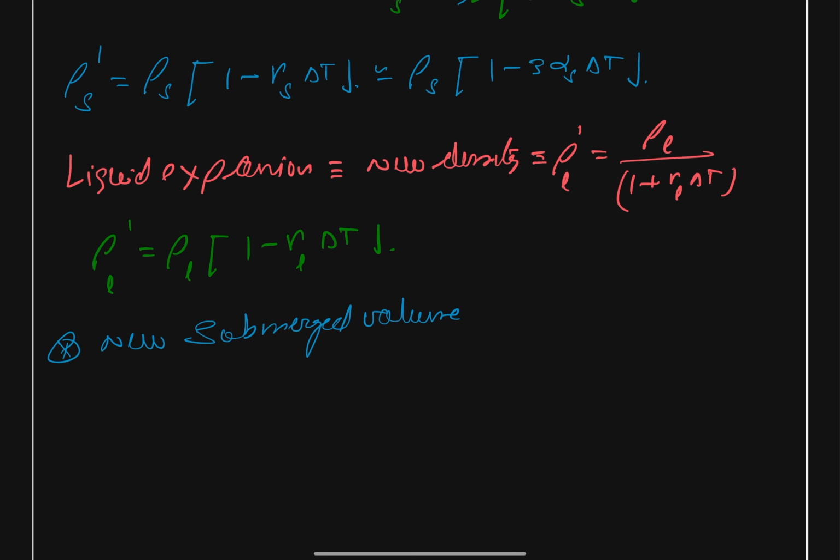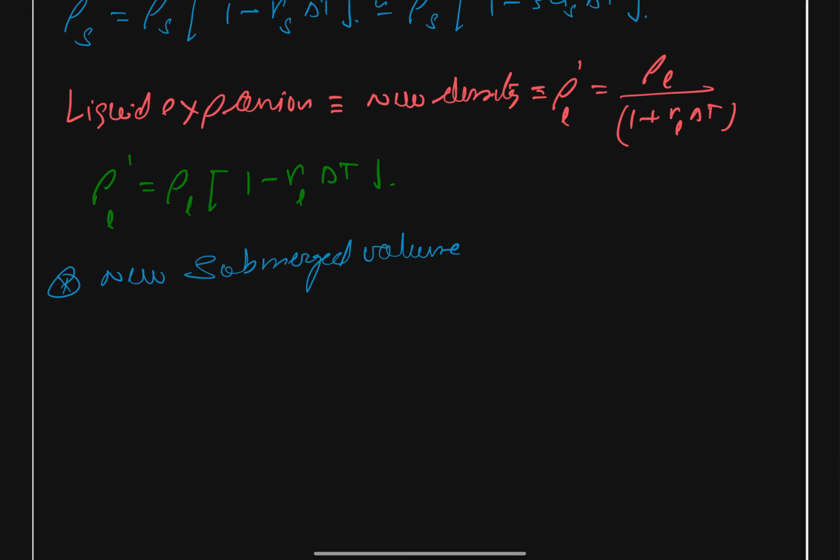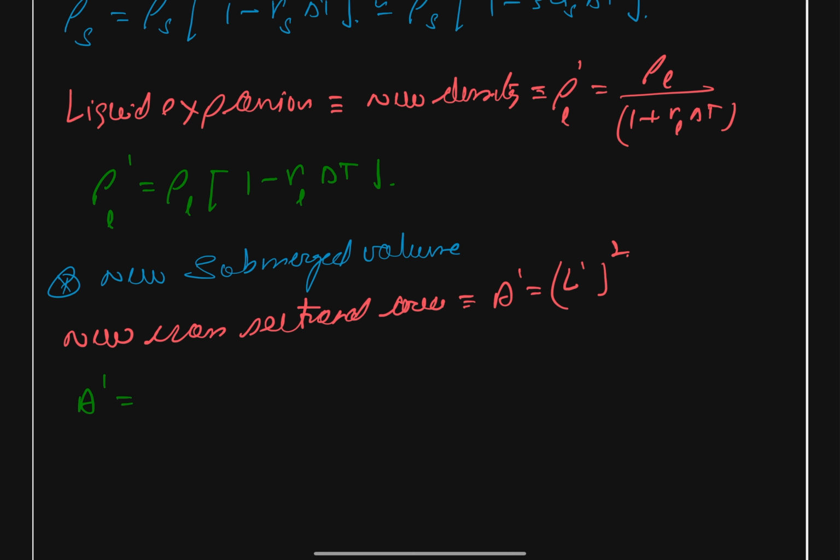Our new cross-sectional area, A prime, will be equal to L prime whole square.